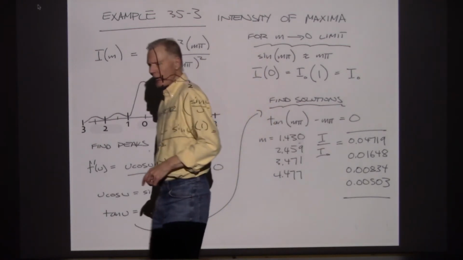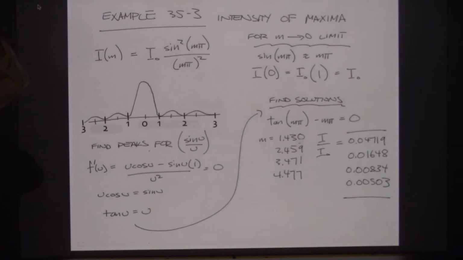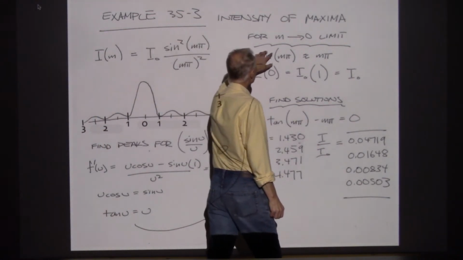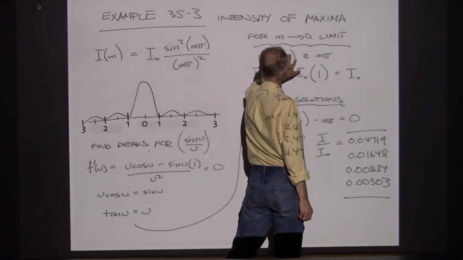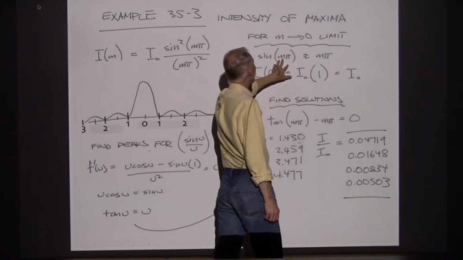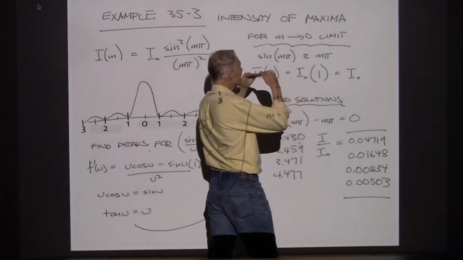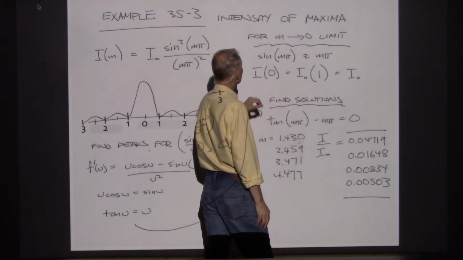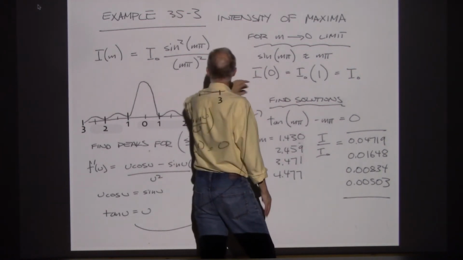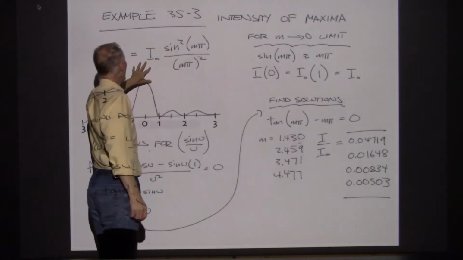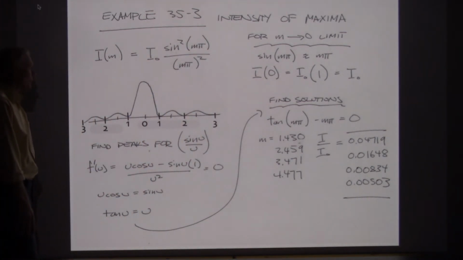But if you remember from calculus classes, if you have 0 on top and 0 below, you just have to take a closer look at your functions. It turns out that in the limit, as m pi gets really small, sine of m pi and m pi become essentially the very same number, and that says that this factor becomes 1, and so I naught is actually the intensity right at the center.